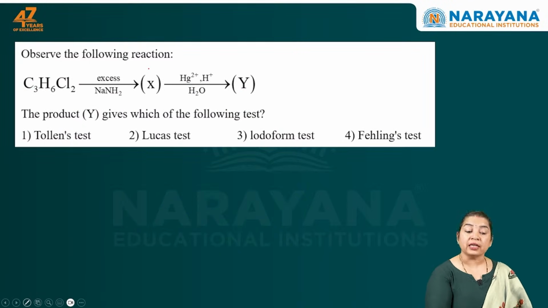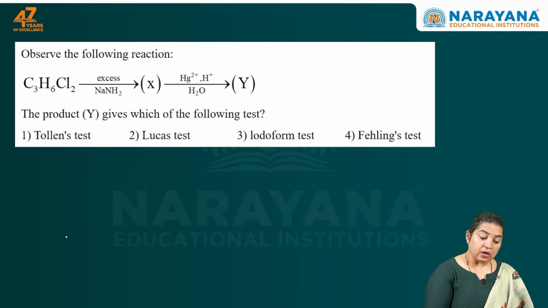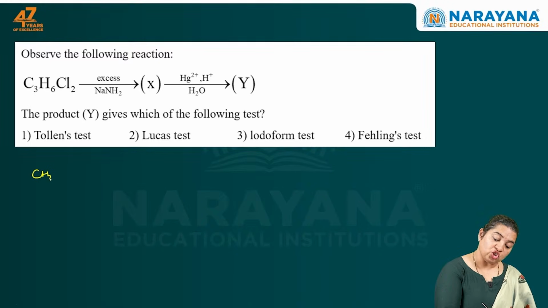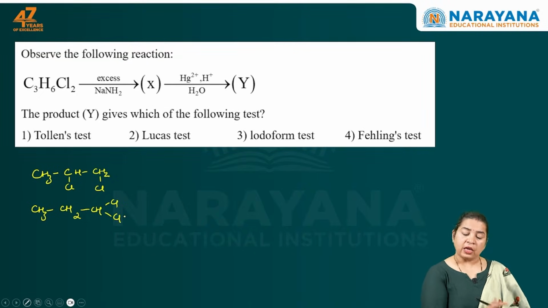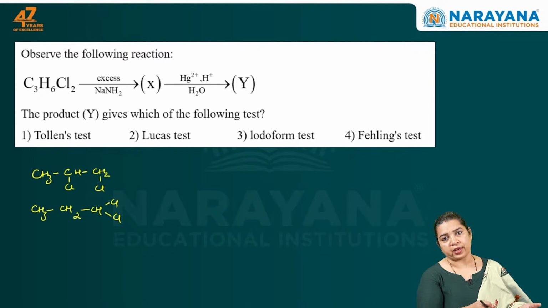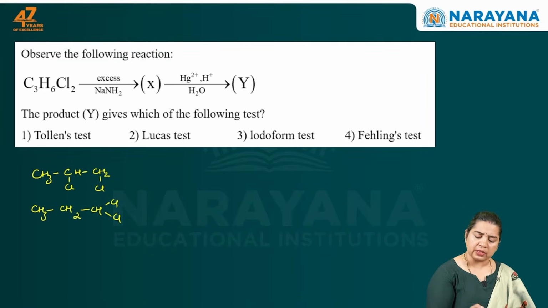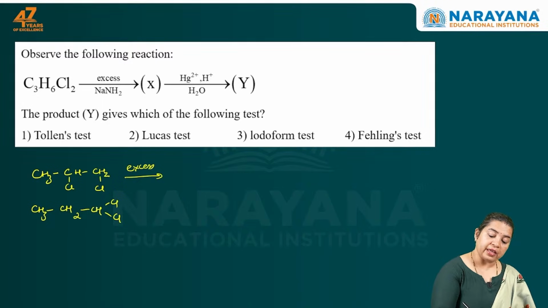So, this is our next question. Observe the following reaction: C3H6Cl2. Now, we do not know whether it is a gem or a vic dihalide. I will take both cases. You can also have gem 2,2 dichloro, that is a possibility, but it is clearly given that excess NaNH2 is taken.